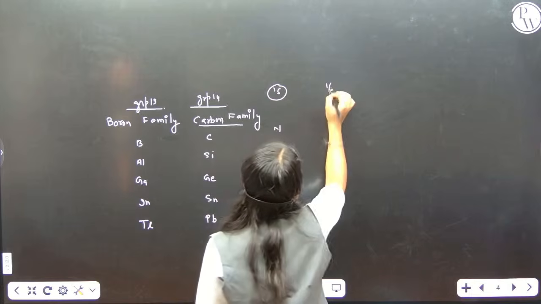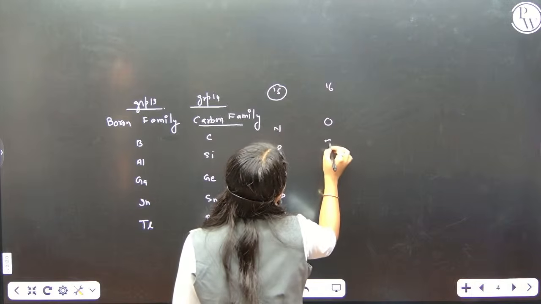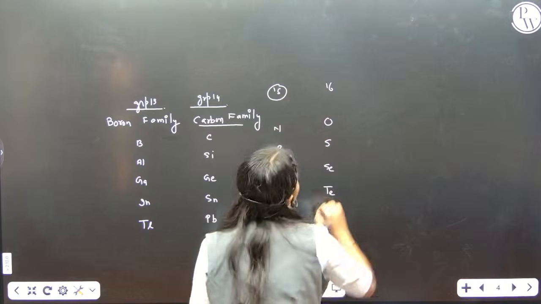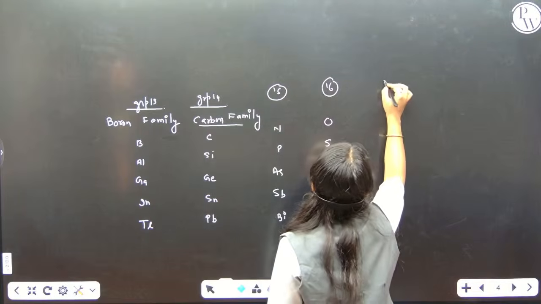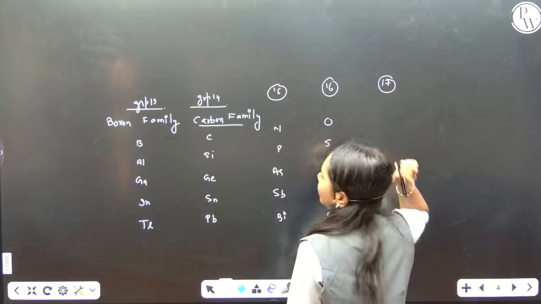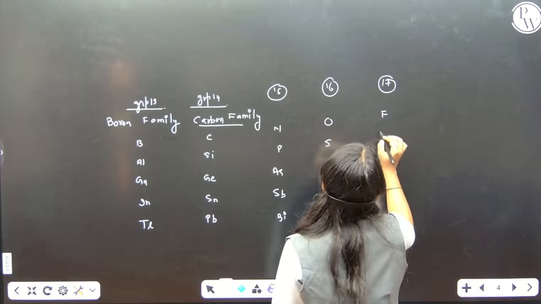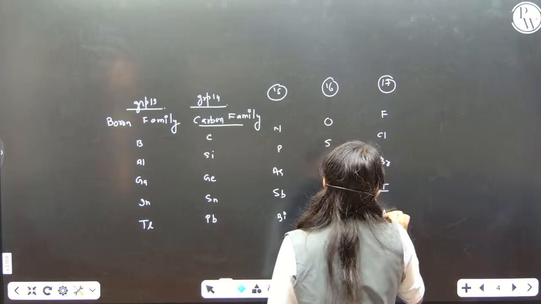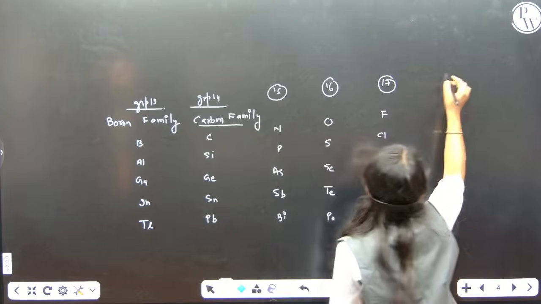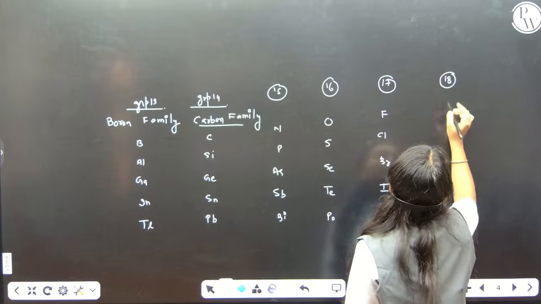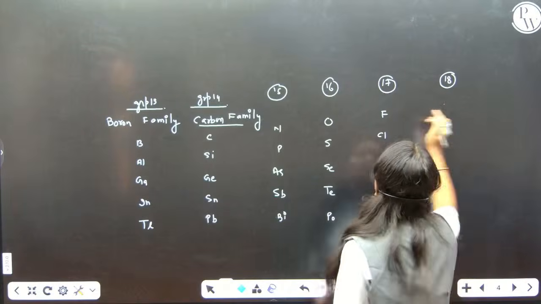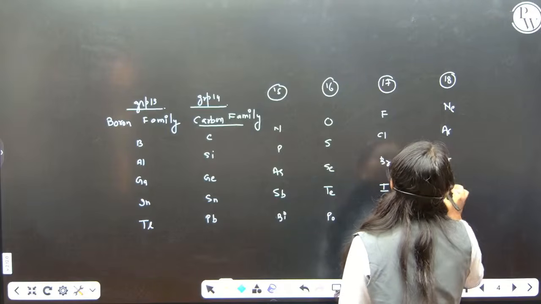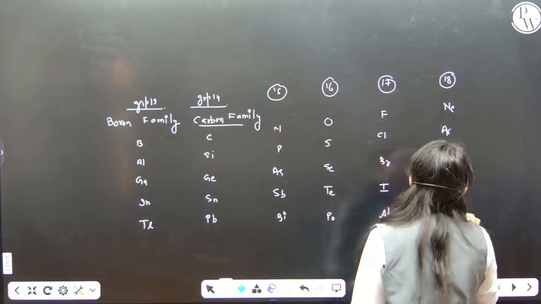Group number 16: oxygen, sulfur, selenium, tellurium and polonium. Group number 17 is fluorine, chlorine, bromine, iodine and astatine. Group number 18 is the noble gases: neon, argon, krypton, xenon and radon.